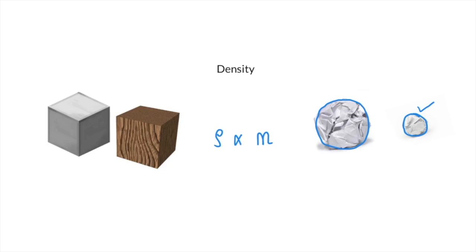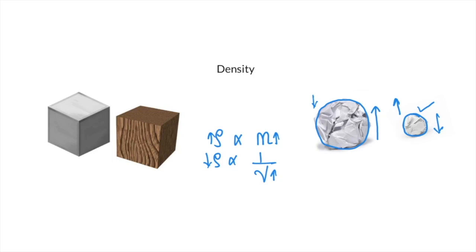That means if I increase the volume, density decreases, and if I decrease the volume, density increases. That means how dense it is, is inversely proportional to volume. That means if volume increases, density decreases, and if mass increases, density increases, hence it is in direct proportion.